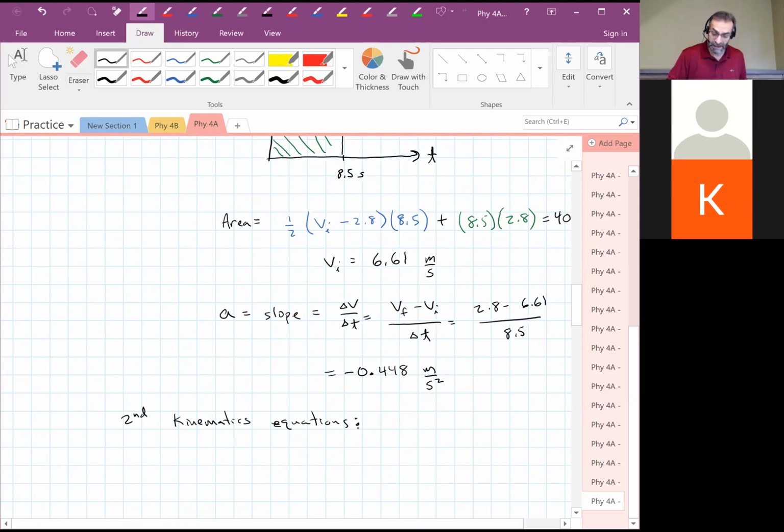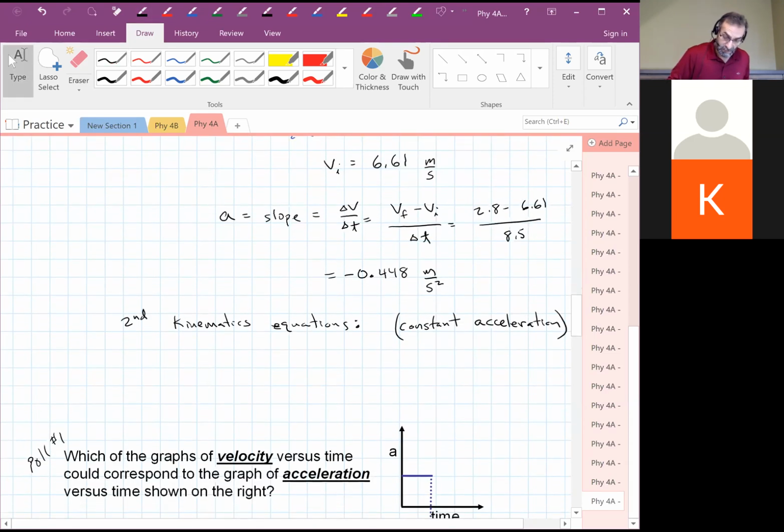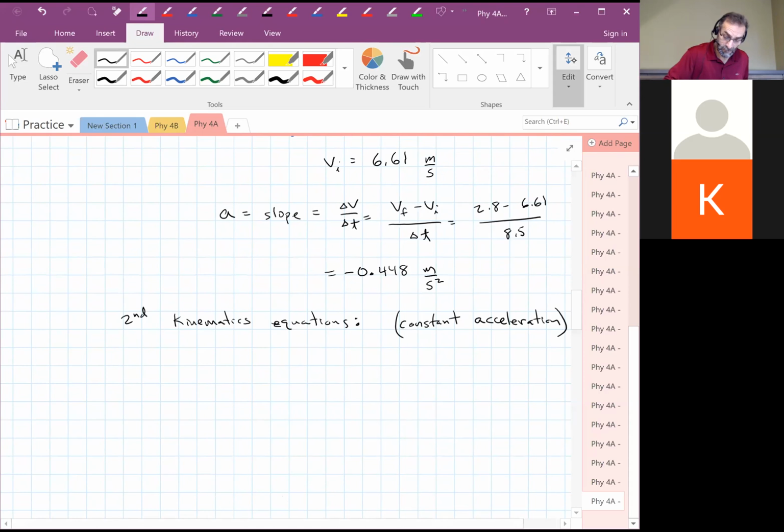And we can use these because we have constant acceleration. So we have our truck moving. It's got some V initial, and at some point later has V final, and it's slowing down.